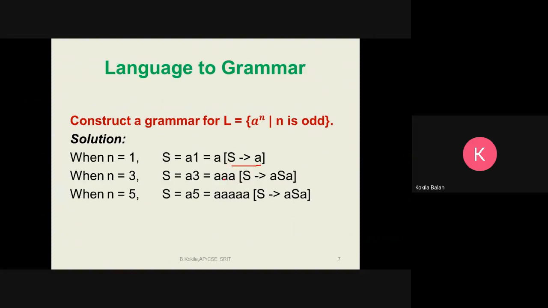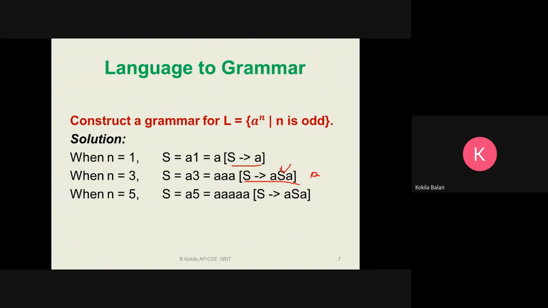Suppose we want to generate triple a's. What production can be used? S turns to aSa. This S can be replaced with the previous production, so when you apply S turns to a, you get a.